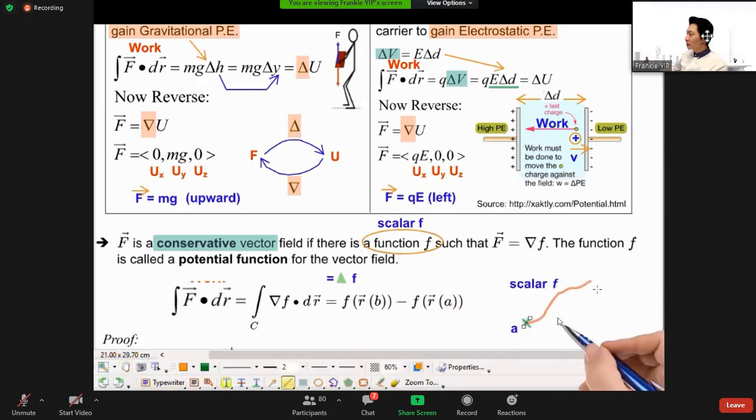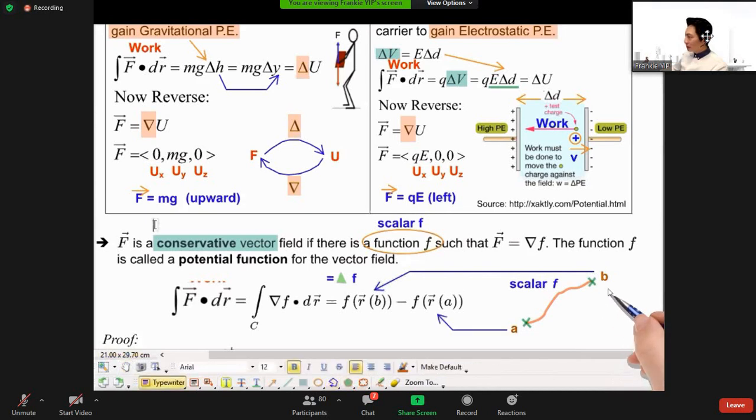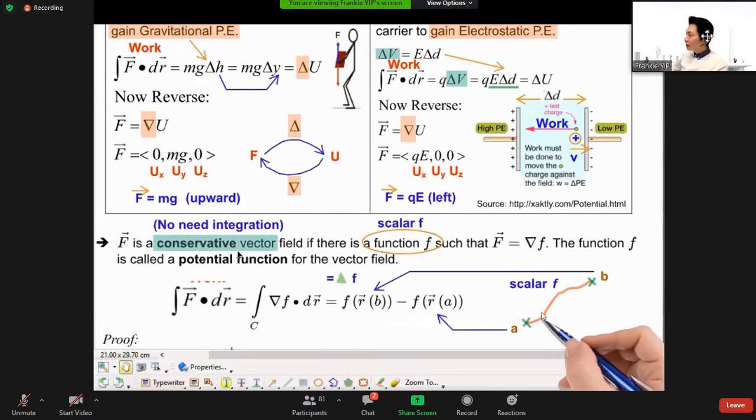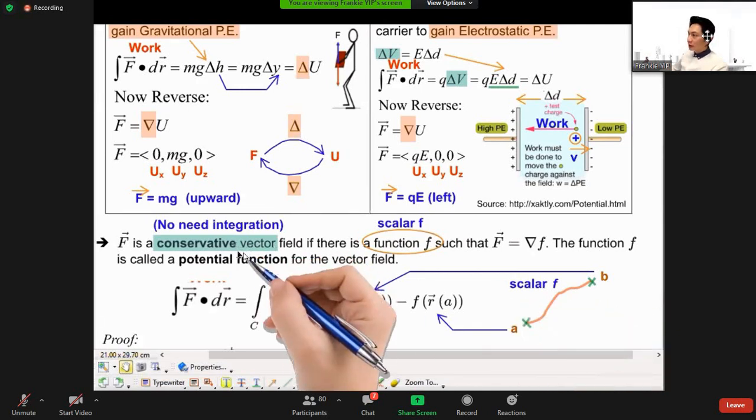That means if the scalar F is over here, this is the starting point A, this is the end point B. So what we need to do is just F at B minus F at A, and it is already done. No matter what the path is, it can also do that. The path is something like moving upward or moving downward, and whatever else is also fine. Got it?